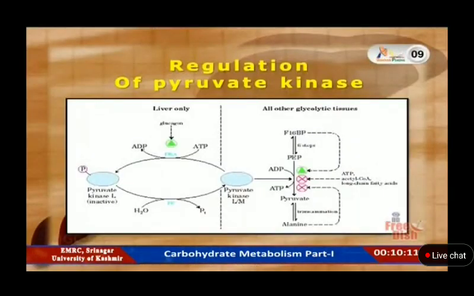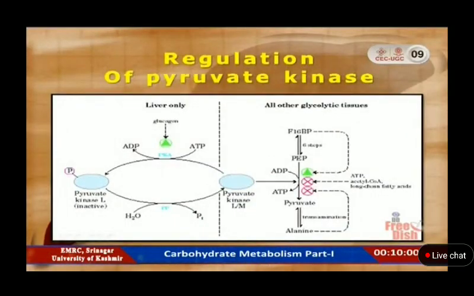Now I will tell you about the regulation of another regulatory enzyme, pyruvate kinase. Many isozymes of pyruvate kinase are found in our system. But the pyruvate kinase which is present in our liver is called pyruvate kinase L. In response to low blood glucose level, glucagon is secreted. It will activate the cyclic AMP dependent protein kinase.